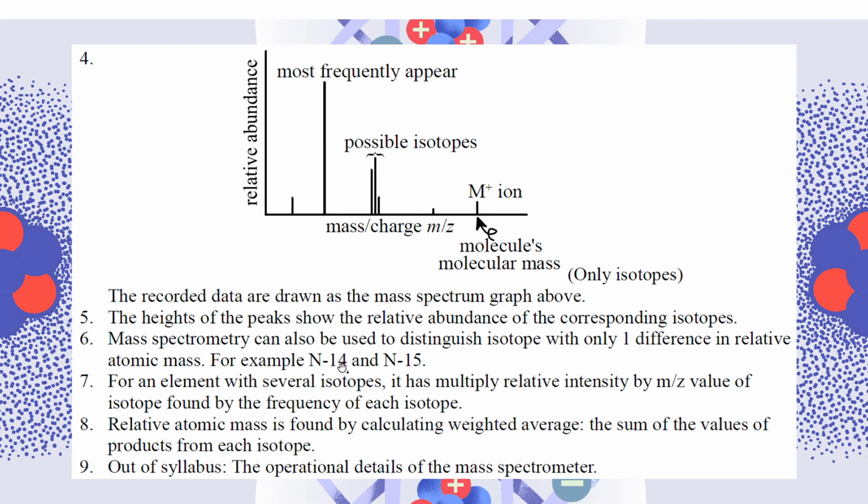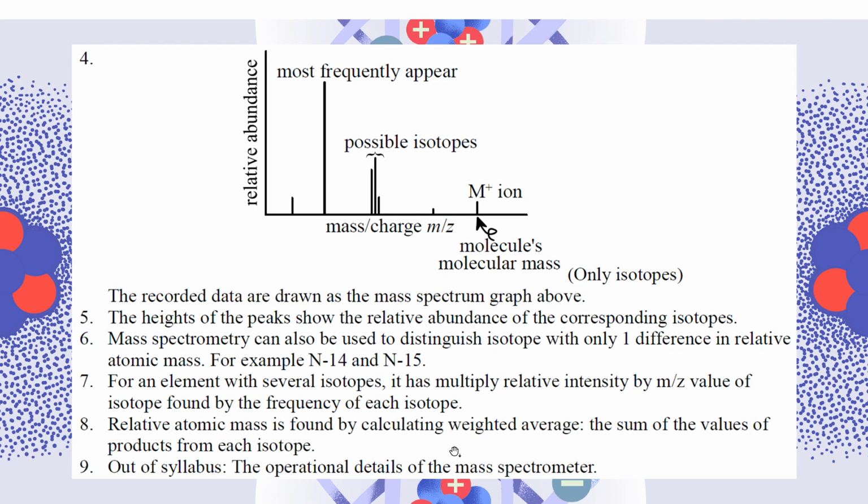Crazily accurate. For an element with several isotopes, it has multiple relative intensities at m over z values, found by the frequency of each isotope, very close to each other. So relative atomic mass is found by calculating the weighted average. Remember, mass to charge is supposed to be an integer, but when you calculate this average, the relative atomic mass can be a decimal number.